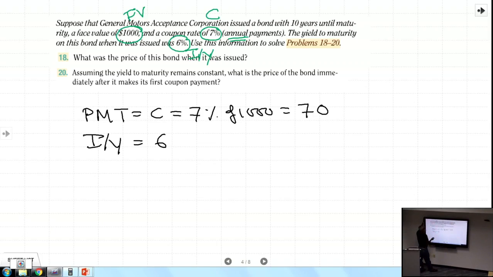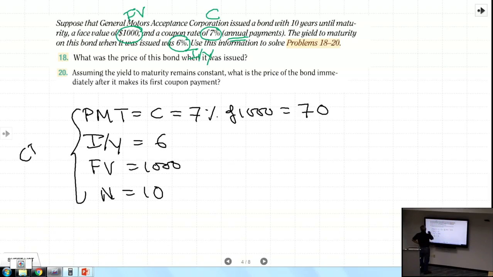IY is 6%. This is annual, so we don't need to change that. Future value is 1,000, and there are 10 years to maturity. So what will be the price of this bond? So we enter all of that into our financial calculator, and we compute present value.